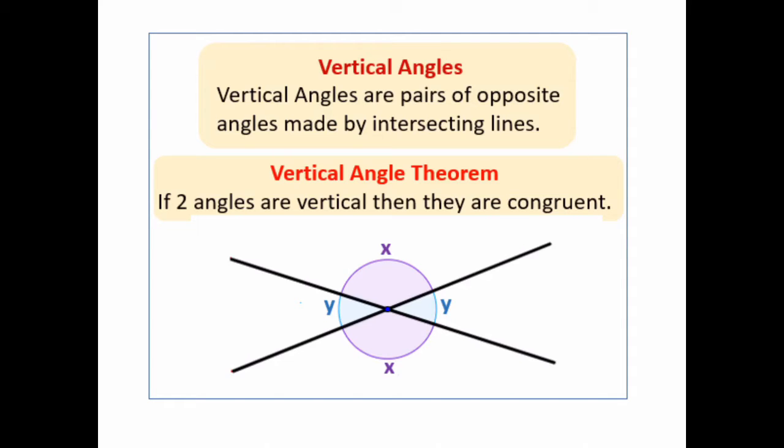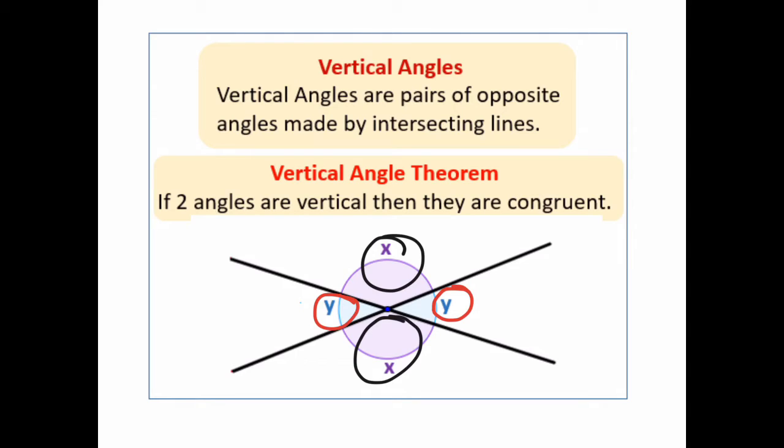I imagine they're called vertical angles because they kind of make V's as opposed to whether or not they're actually vertical or horizontal. So this one here, the X, is exactly the same as that one there, the X. And this one here, the Y, is exactly the same as this one here, the Y. So that is the vertical angles theorem.